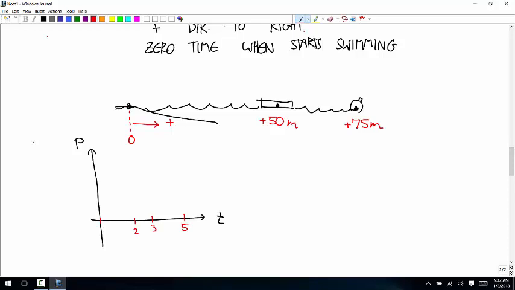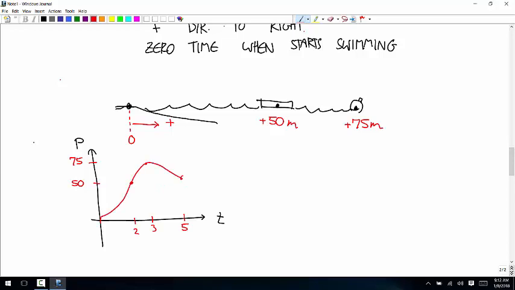That's right, perfect. And the labels here that matter are going to be 0 position, 50 position, 75 position. So the swimmer in this case starts at 0, gets to 50 there, 75 there, and then back to 50 there.